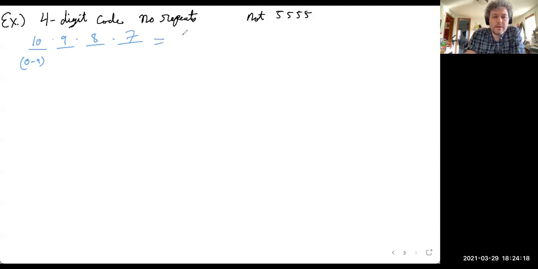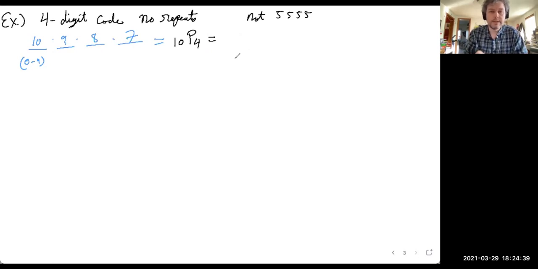I claim that this is the same thing as 10 permutation 4. We have 10 choices, permutation 4, no repeats. That's what permutation means, is the no repetition. So that's another stipulation of when we will use this formula and when we do not.